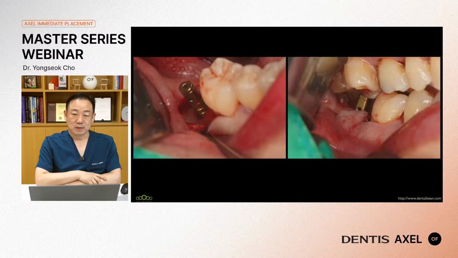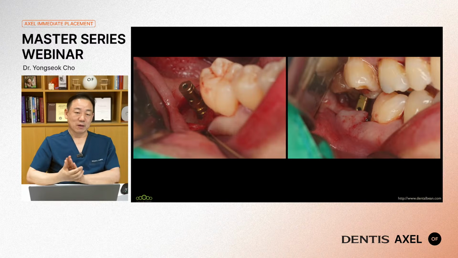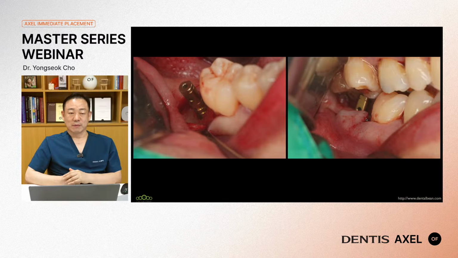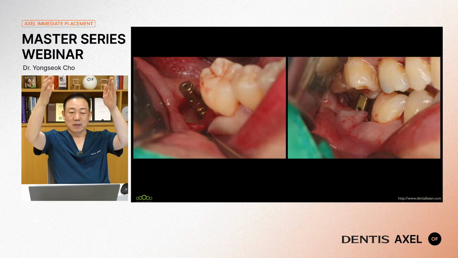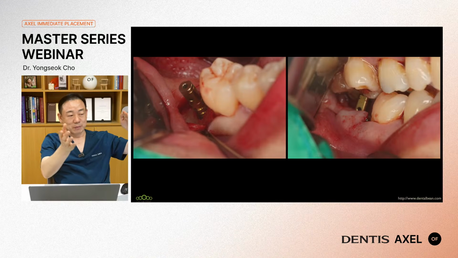Okay. And one more thing I want to emphasize at number 7 molar side is considering opposing tooth. When time passed along, supereruption of maxillary number 7 will occur. The direction is downward and the buccal side, okay, like this.